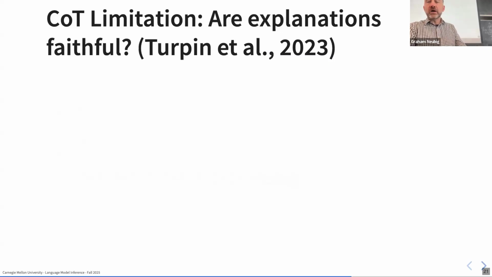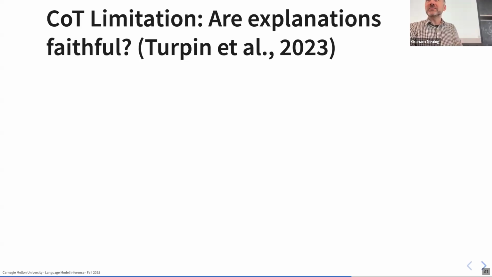Okay. Another thing I'd like to talk about is the faithfulness of explanations. This is also a really clever paper. I mentioned that one of the advantages of chain of thought reasoning is that if the explanations are faithful, they can help humans understand the reasoning process and verify whether the output is correct or not.